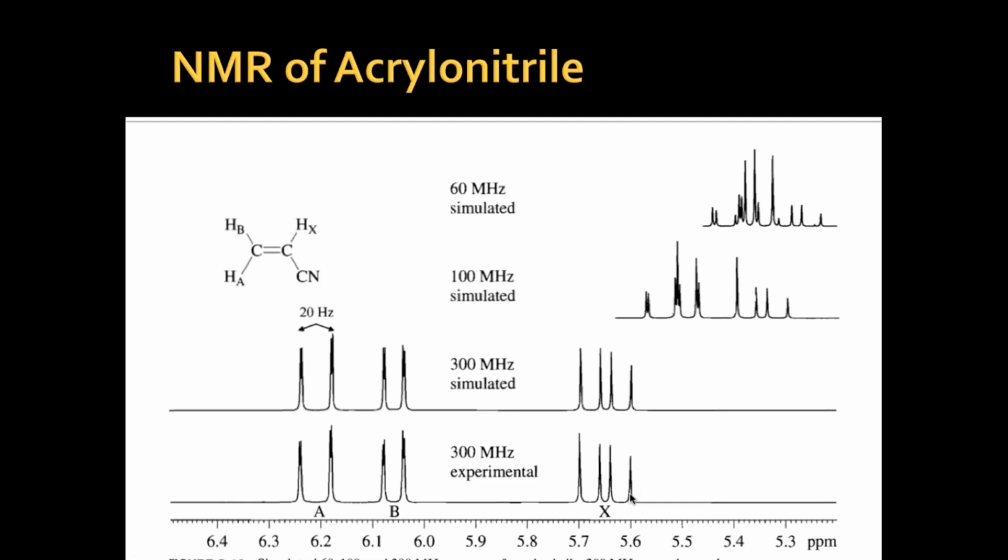So this is singlet. In the A, you can see doublet: two peaks in one peak, two peaks in one peak, right? It's called doublet. Now they are doublet of doublet.